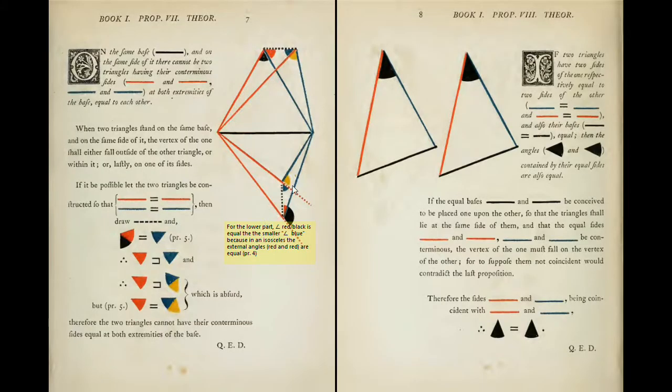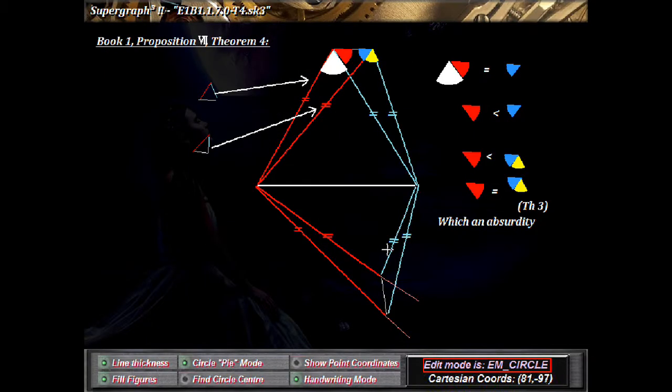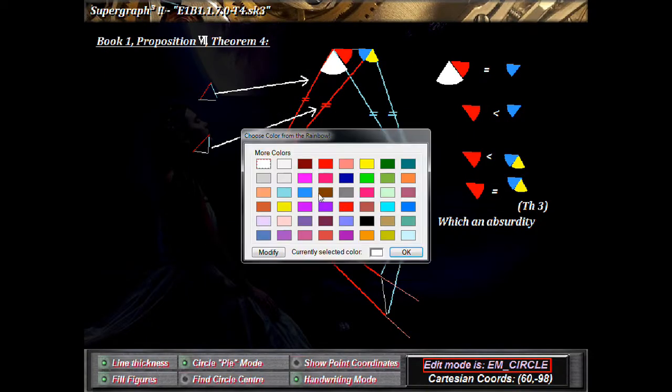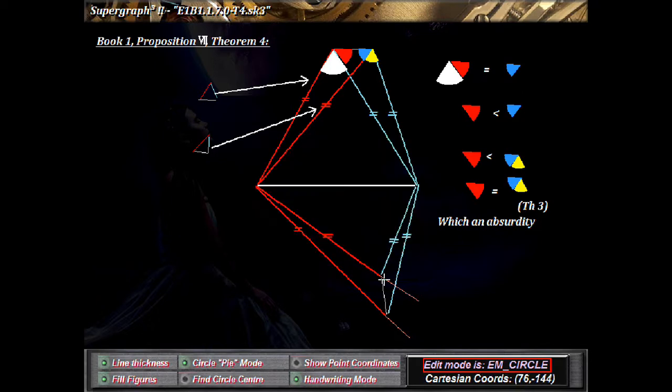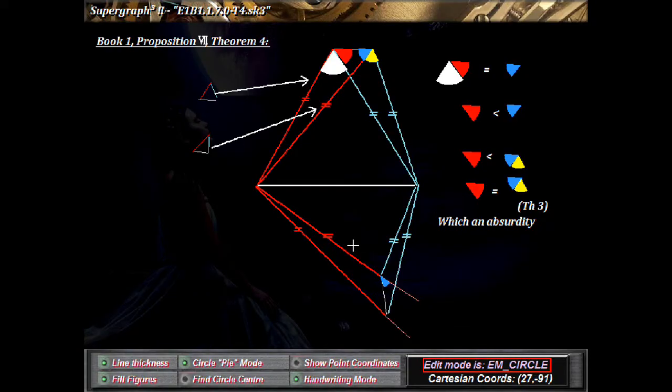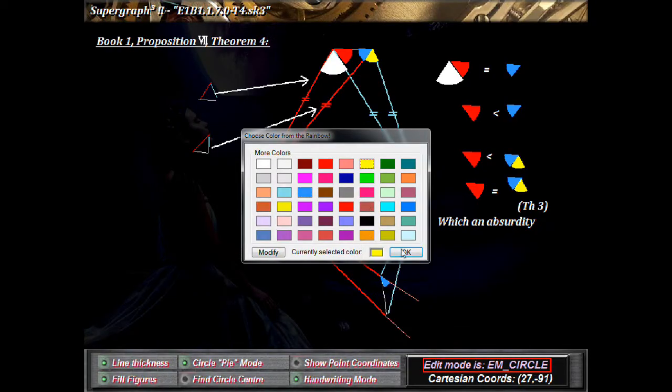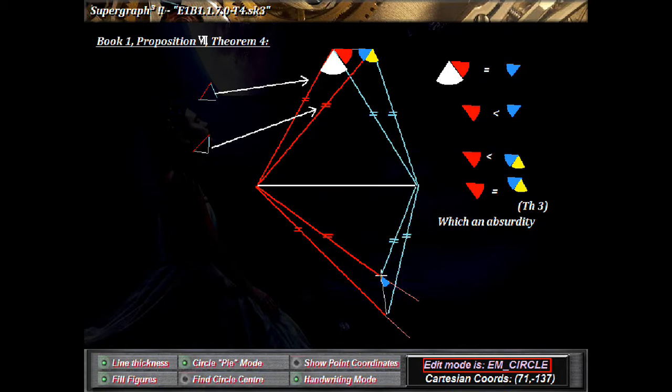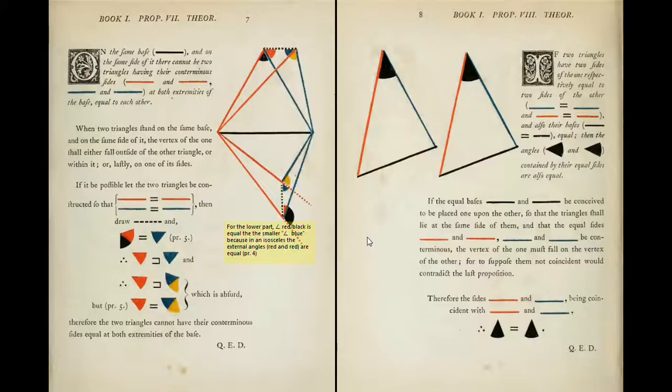Referring back to the diagram, now they've labeled this blue and yellow, blue and yellow, right, and red and black.